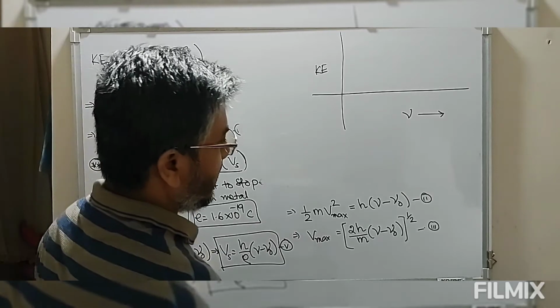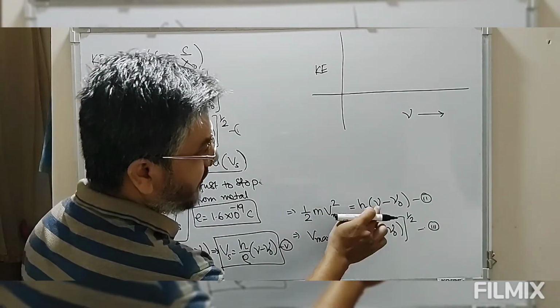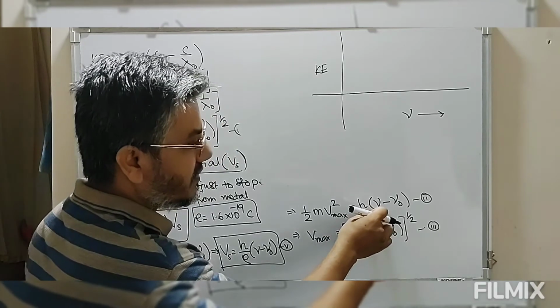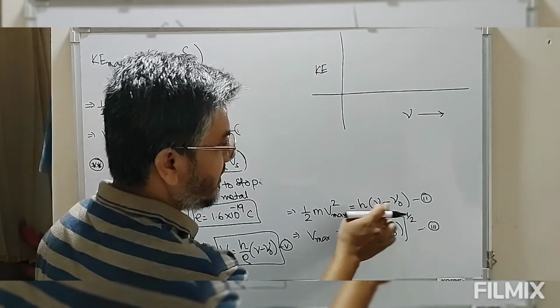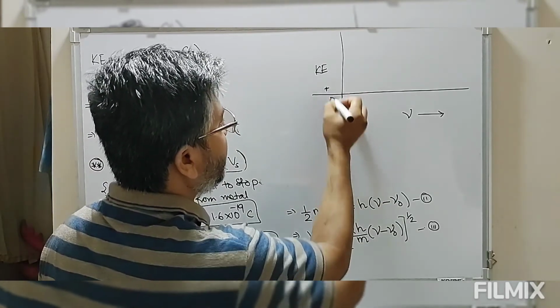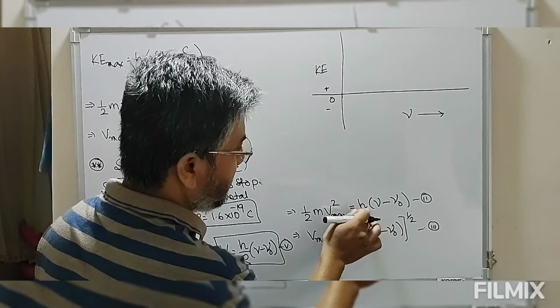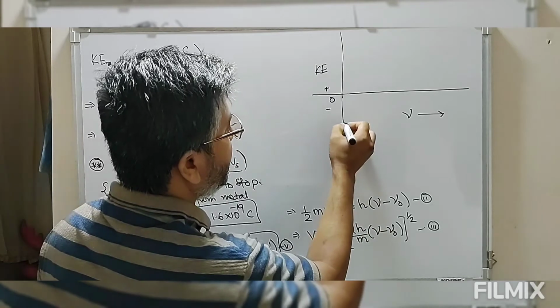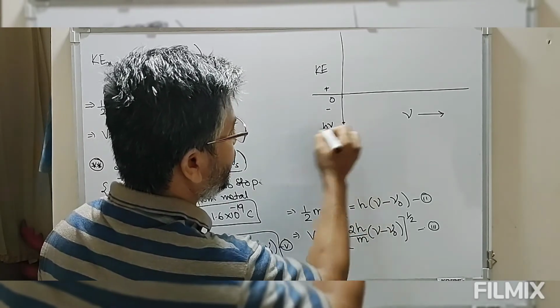Now, if you look at this equation, if incident photon has frequency 0, then kinetic energy is minus h nu naught. This is the zero value, this is positive, this is negative. So at frequency 0, we have this value, that is minus h nu naught.